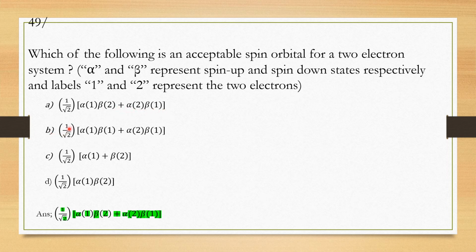Option B is 1 by root 2 alpha 1 beta 1 plus alpha 2 beta 1. Option C is 1 by root 2 alpha 1 plus beta 2, and option D is 1 by root 2 alpha 1 beta 2. So we all know that the answer will be 1 by root 2 alpha 1 beta 2 plus alpha 2 beta 1, which is the first option.